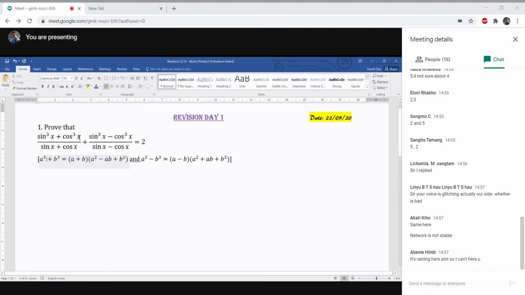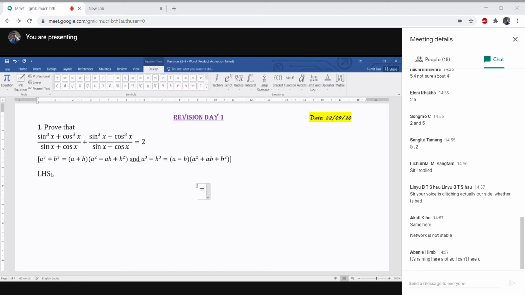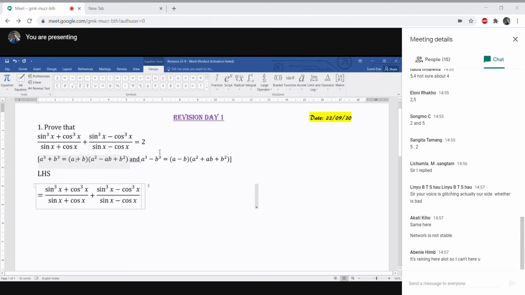So we have to use this identity for sin cube x plus cos cube x: a plus b into a square minus ab plus b square. Start from the left hand side. LHS equals, instead of this I'll use this formula.